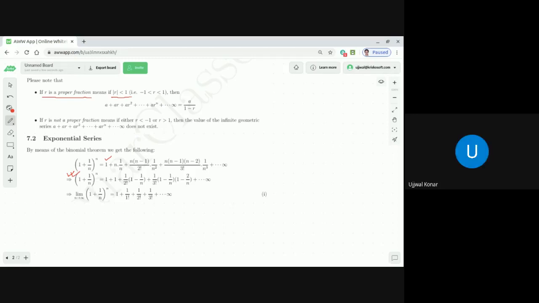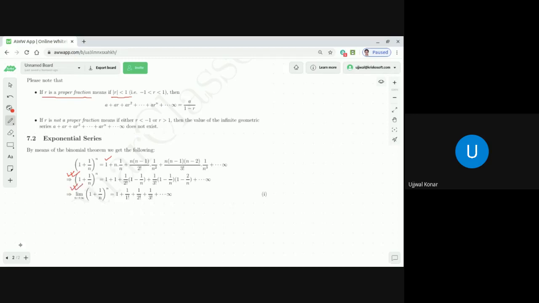If your denominator is very huge, then the value of that entire fraction should be nearing 0, correct or not? So what we are going to get is 1 plus 1 by 1 factorial plus 1 by 2 factorial plus 1 by 3 factorial, we get this thing, correct?